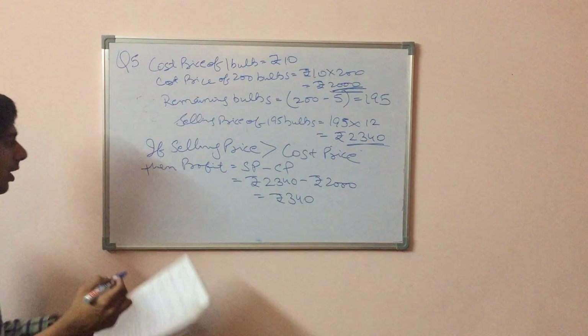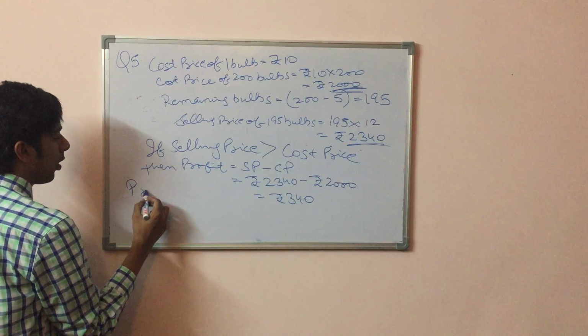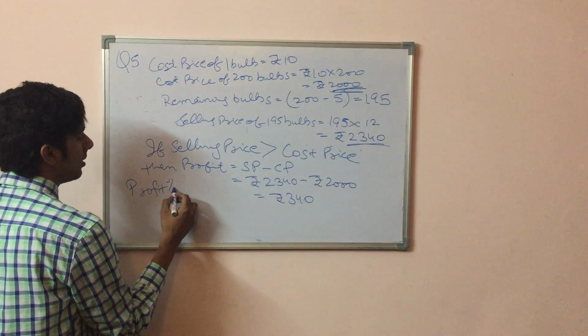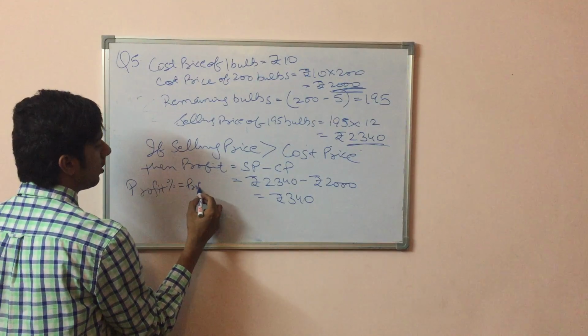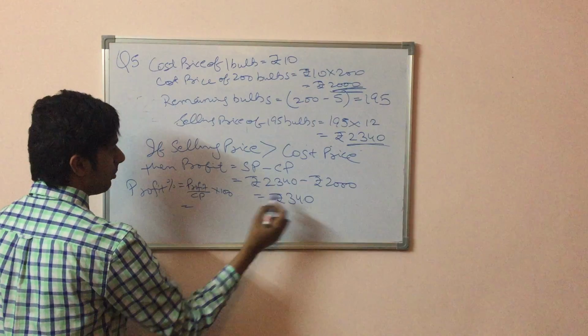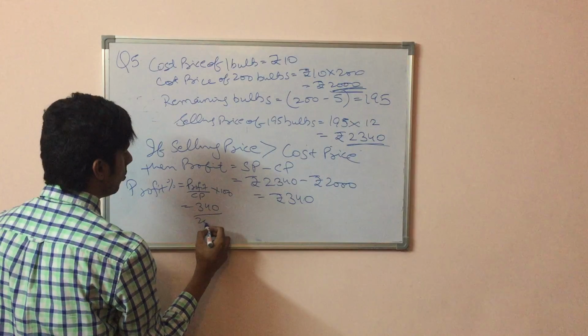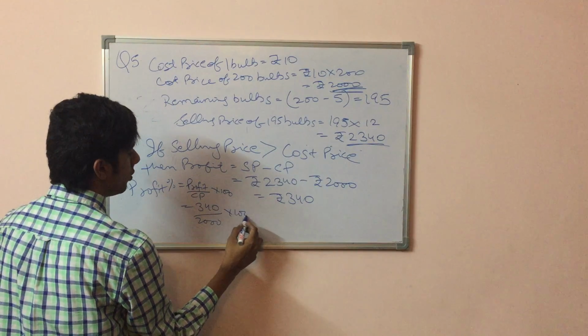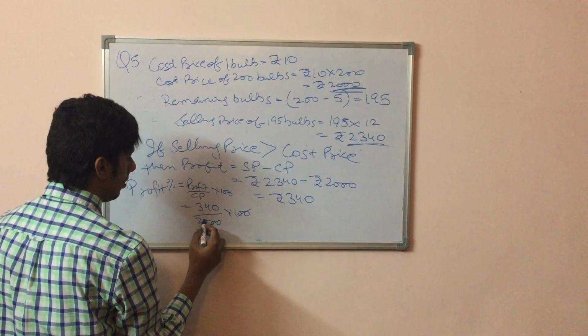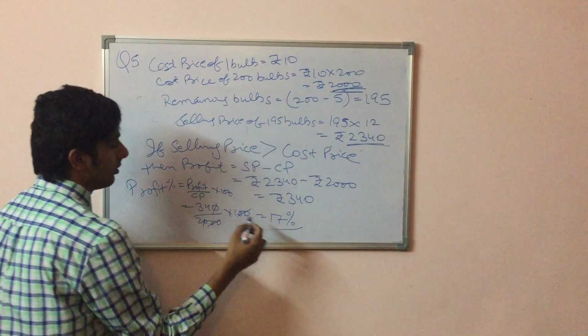This is our profit now, right? And how do we calculate profit percent? Profit percent equals profit upon CP into 100, which will be 340 is the profit, cost price is 2000, into 100, coming out to be 17%.